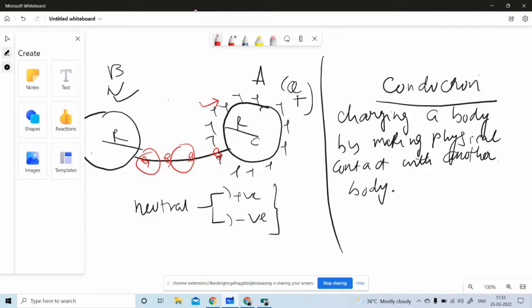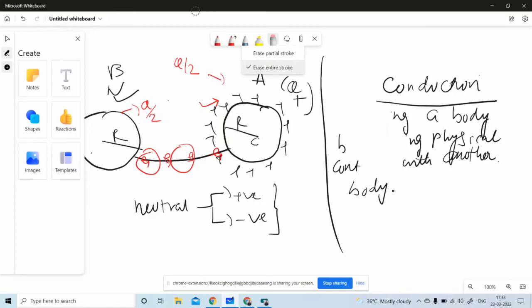Clear? So B will now have a charge Q by 2 and A will also have a charge Q by 2. So B, which was initially neutral, is now electrically charged by making a physical contact. Both the bodies are having a charge of Q by 2.